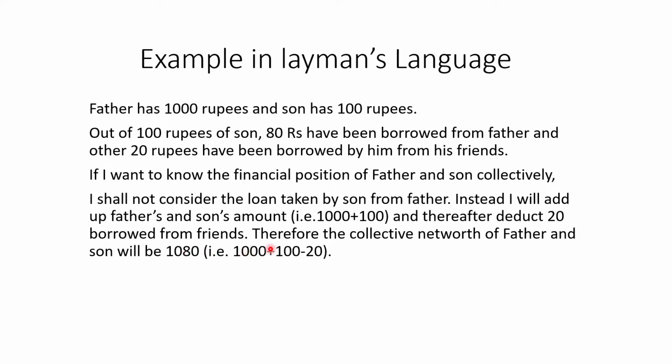That is 1000 plus 100 minus 20. 1000 is of father's money, 100 is of son's money, but 20 is payable to the outside parties, that is the friends of the son. So we shall not include this in the net worth of the family. So the net worth of the family or the financial position of the family shall be 1080 rupees only.